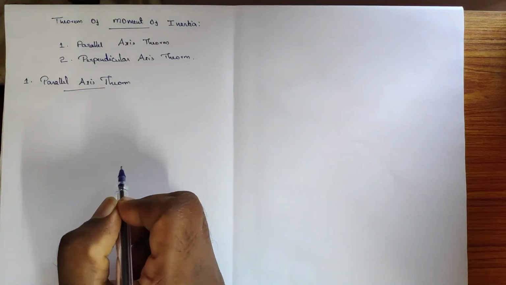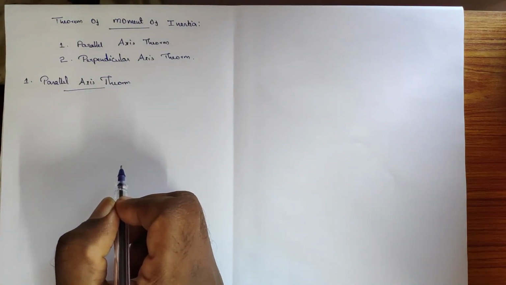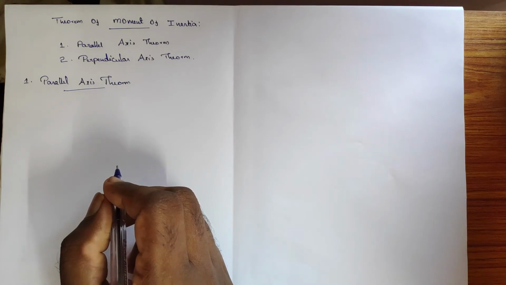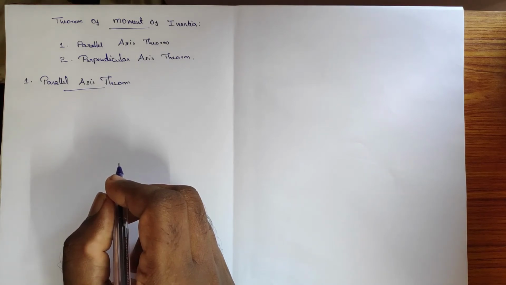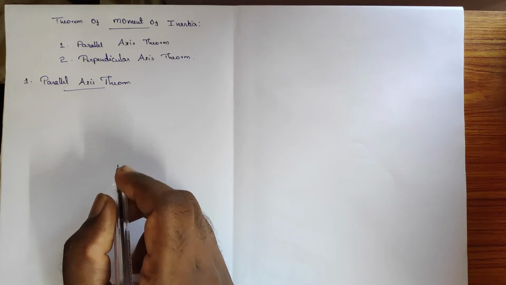Right. Parallel axis theorem states that the moment of inertia of a plane area about any axis parallel to the centroidal axis is the sum of the moment of inertia of the area about the centroidal axis and the product of area and square of distance between the two parallel axes.